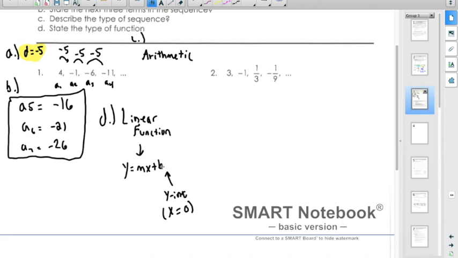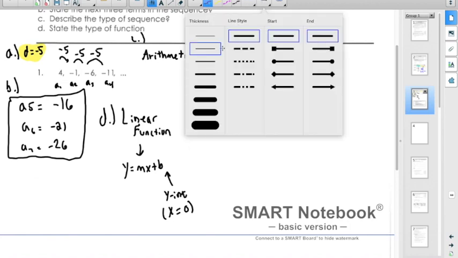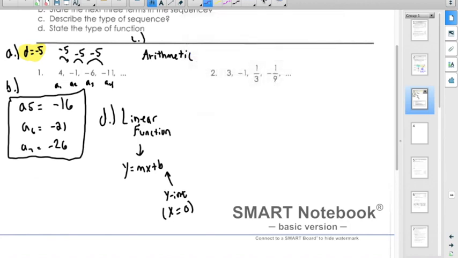What is my y-intercept so that I can fill in my subscript notation? So if I went to write this, let's write it as a linear function first. It would look like y equals negative 5x plus, I don't know, right?